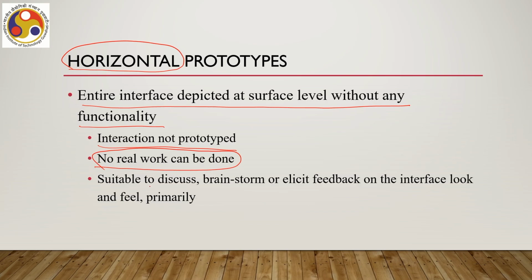These are suitable to discuss or brainstorm or elicit feedback on the interface look and feel mostly. So, essentially how the interface appears, whether the things are understandable, intuitive, usable, this type of characteristics about the appearance of the interface can be elicited from the users based on a horizontal prototype.